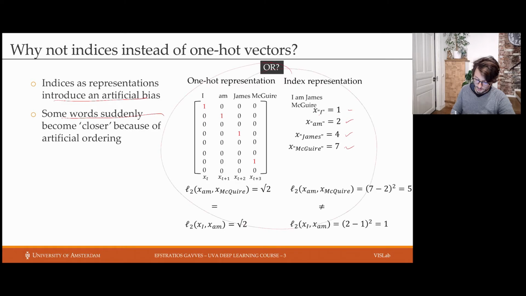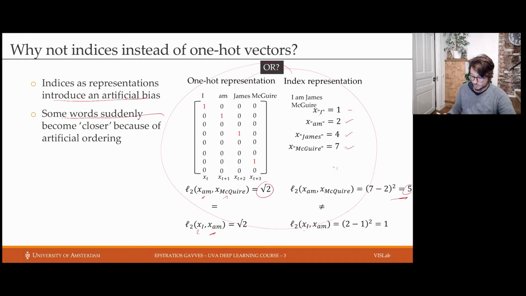So in this example, two words like am and Maguire, or I and am, will always have the same distance from each other, square root of 2. However, with the index representation, these pairs of words will have different distances. So am and Maguire will have a distance of 5, whereas I and am will have a distance of 1.